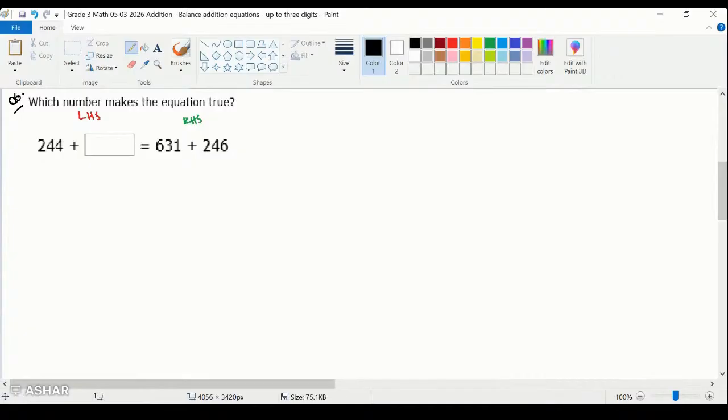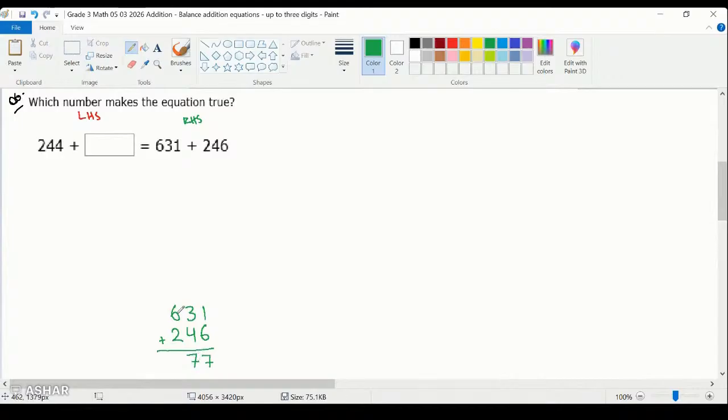In question number 6, we know that on the right side, two numbers are given. So we can say 631 plus 246. 1 plus 6 is 7. 3 plus 4 is 7.